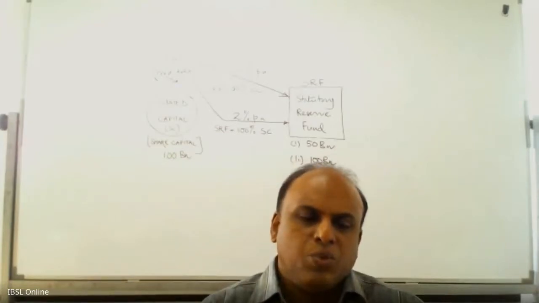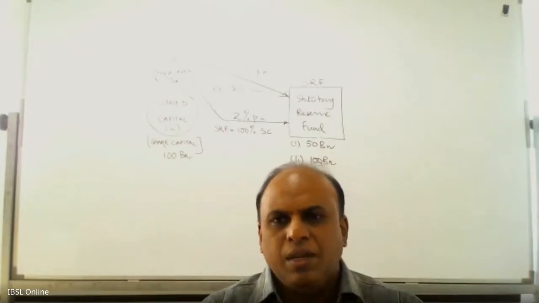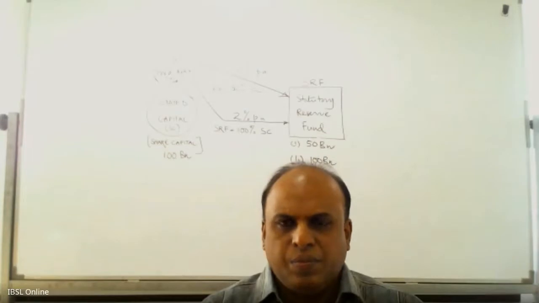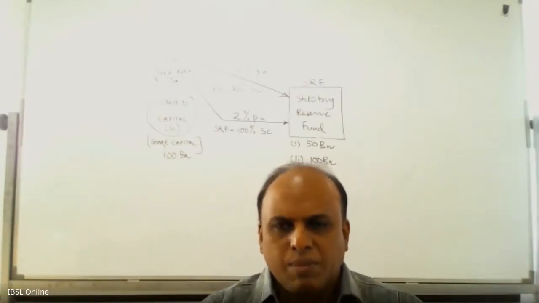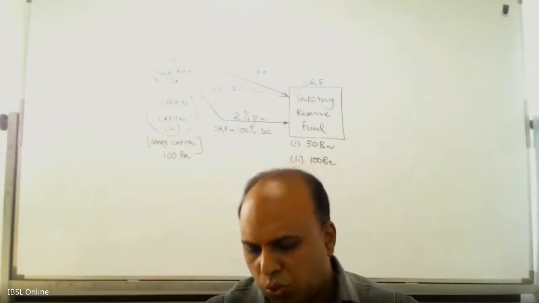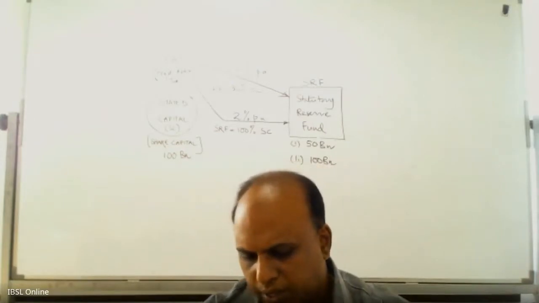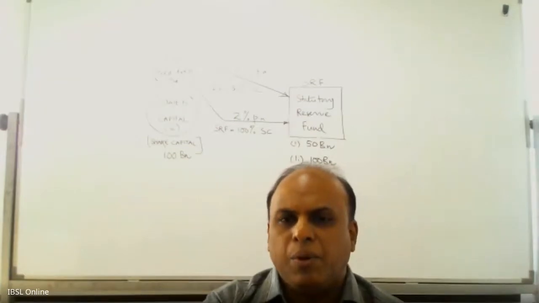Okay, so it is very important to note. Now, when you are building up this reserve fund, you can't just go and reduce it. If you are planning to reduce it due to some reason or to cover up some losses or whatever, you need to go back to the central bank and get their approval to do or reduce the reserve fund. So that is covered under section 20.2.